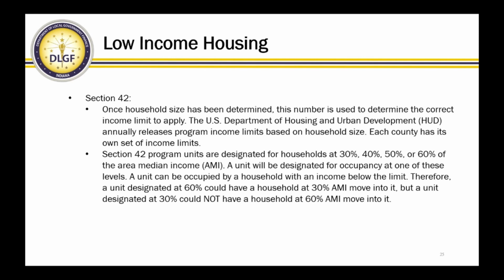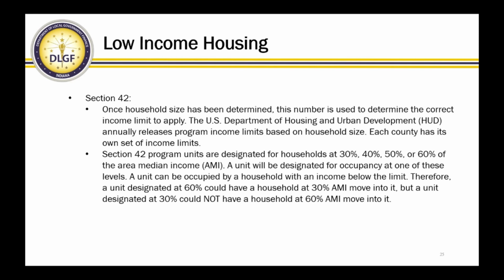So typically, Section 42 program units are households at 30%, 40%, 50%, or 60% of the area median income. And that area median income obviously is dependent on location. Indianapolis, Marion County, the area median income may be a lot different than the Benton County area median income or the Ohio County median income, whatever it may be.